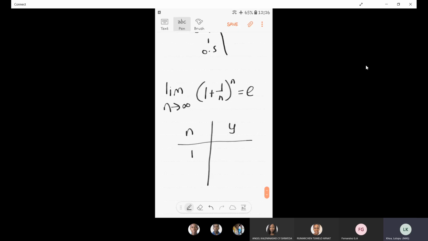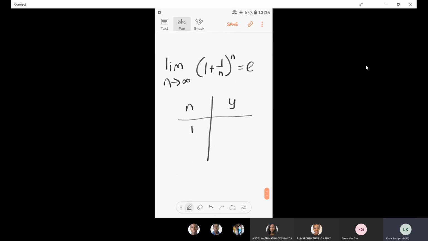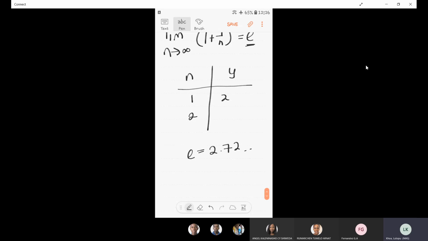Start with 1: you get 1 plus 1 over 1 to the power of 1. That is just 2. And then you go to 2, 1 plus half to the power of 2. You work that out, and you will see that as your value of n gets bigger and bigger, it is getting closer to e. So e is 2.72 something, I believe. Yeah, you can work that out. And the others are pretty much the same way.